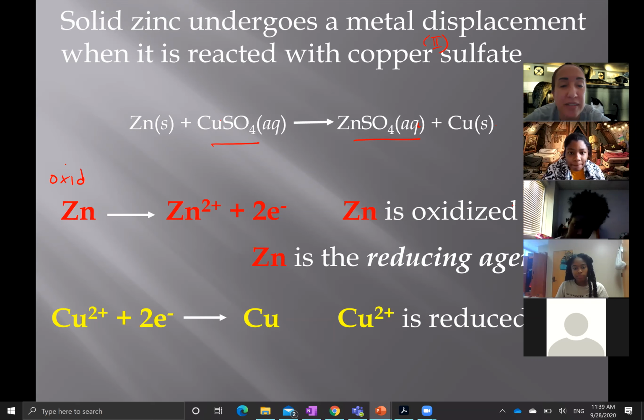Because if you notice, if you do the oxidation states, everybody involved in sulfate is exactly the same from side to side. Oxygen is -2 on both sides, and sulfur, since it's connected to the sulfate, is going to be the same on both sides. So usually that's a trick, right? If you see things in the same form, like a polyatomic ion on the left and on the right, it's going to be the same.